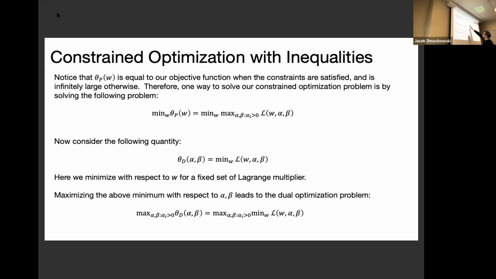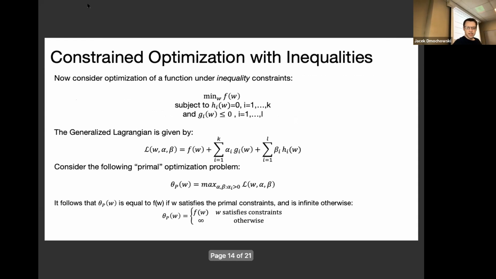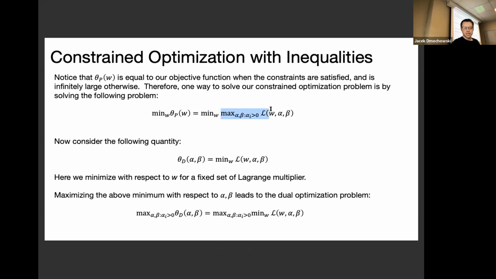You should be able to convince yourself that by finding the W that minimizes the max, you are essentially solving this constrained optimization problem, because you will never come up with a W that doesn't satisfy the constraints. Why? Because then this thing will be infinite, and therefore it will never be a minimum.